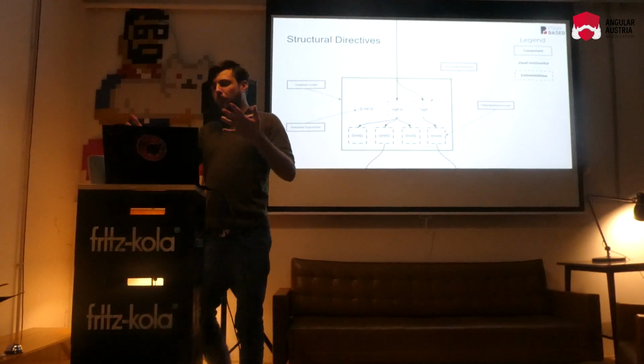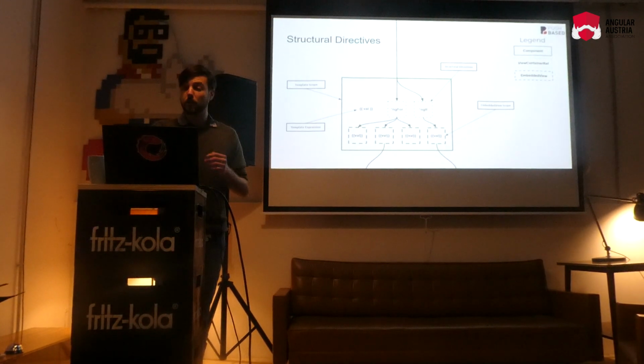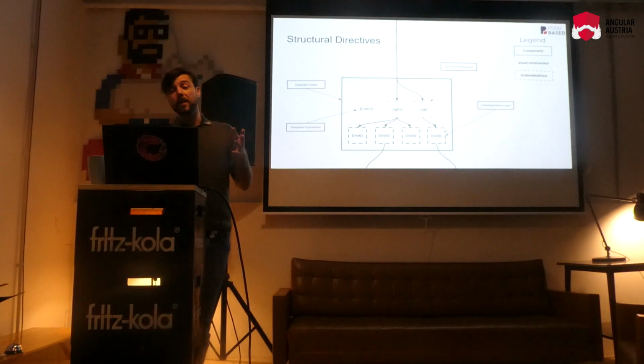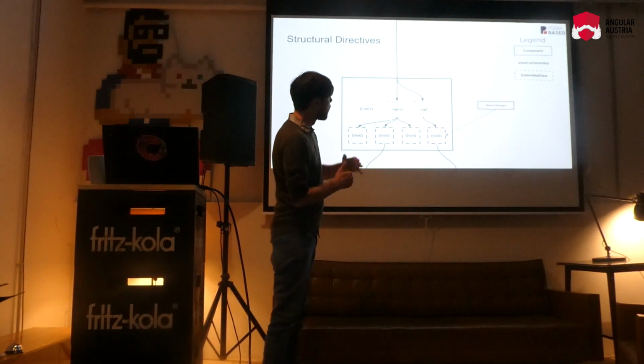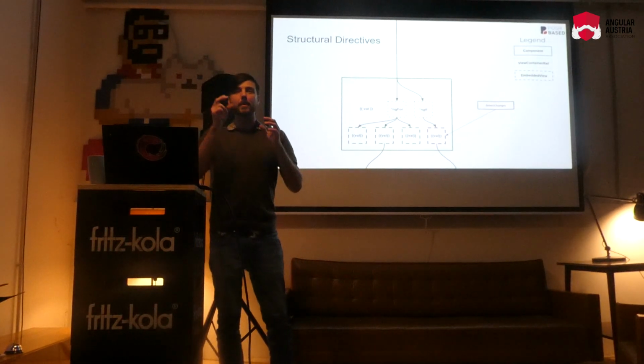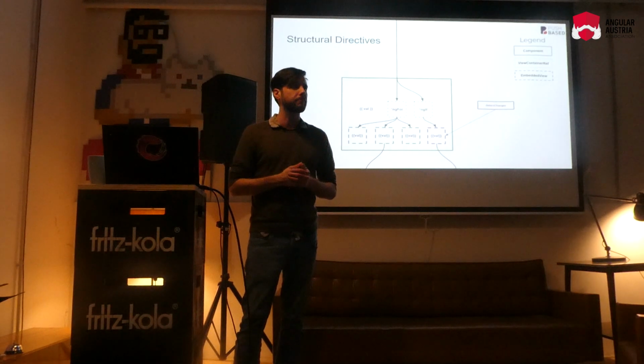And when we dug into the source code, this was already back then, when we did the RxAngular version with observables, we realized that there is a very interesting attribute on an embedded view, and the embedded view has also a method that is called detect changes.